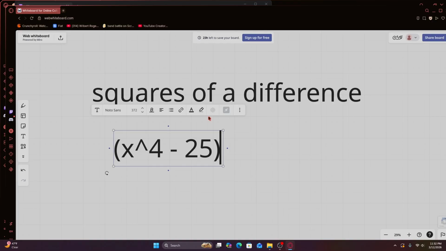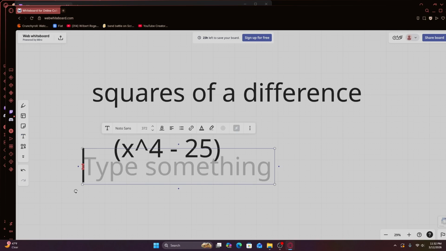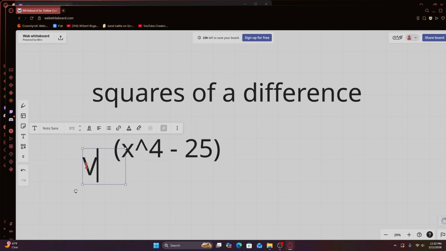This binomial can be simplified since it's a square of a difference, because we have a perfect square here, a perfect square here. So if we were to square root these, I'm just going to do a v with a dash, because I don't know how to put square roots on this thing.